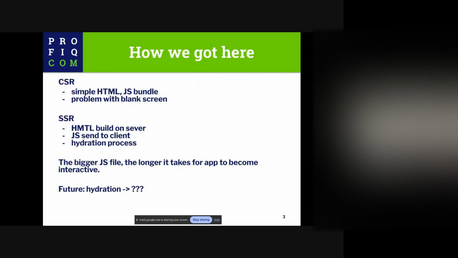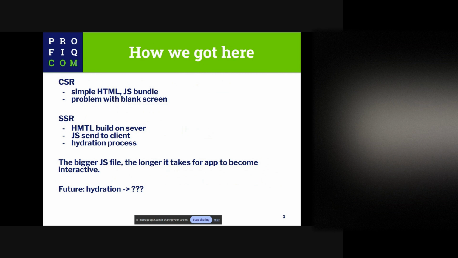For those who are not from the JavaScript world and don't know how we got here, let's say that we had things like React, which render on the client, and how it works is you have one simple HTML, which is almost empty, with just a few texts, and a huge bundle.